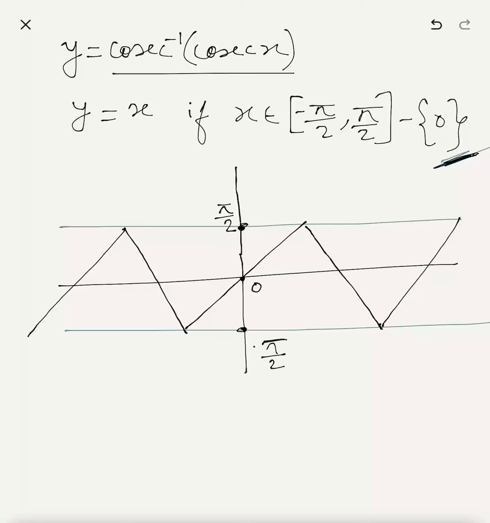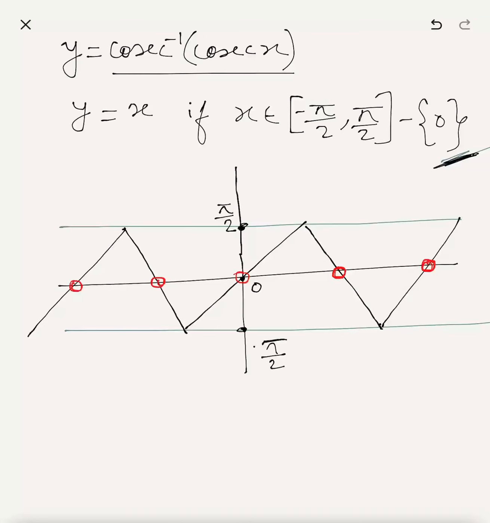You will never get 0, so I am excluding 0 by drawing a hollow circle at the point where the graph is crossing the x-axis. Here we have y equals 0. So we will never get 0, so I am just removing this 0 from the graph of sine inverse of sin x. Now it became the graph of cosec inverse of cosec x.